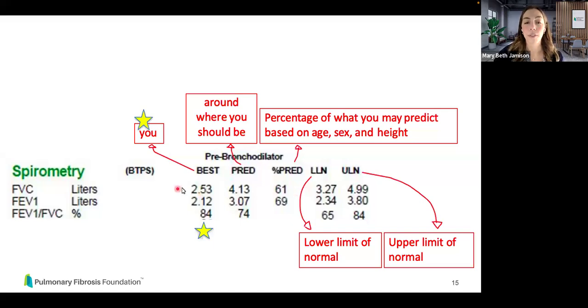Like, what does this 2.53 really mean? Where does that fall compared to what maybe I should be at? You can look at the predicted or the lower limit of normal and maybe see where you might be. And then your percent predicted in this column here, this again is just the percentage of this number, this 4.13. So that's the percentage of what you would predict based on your age, sex, and height.